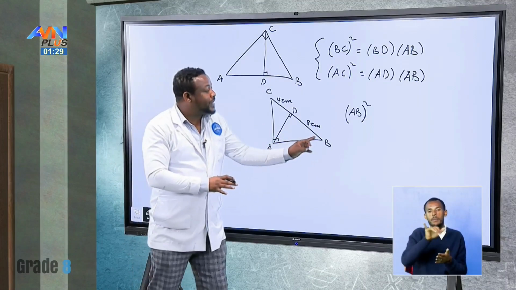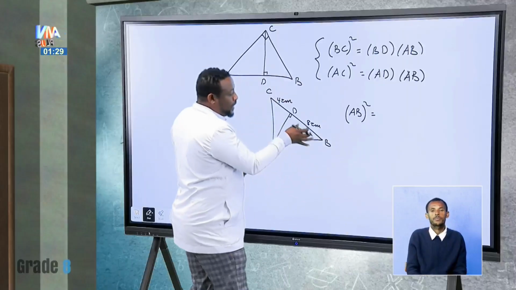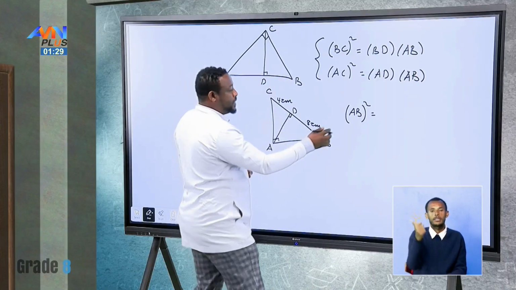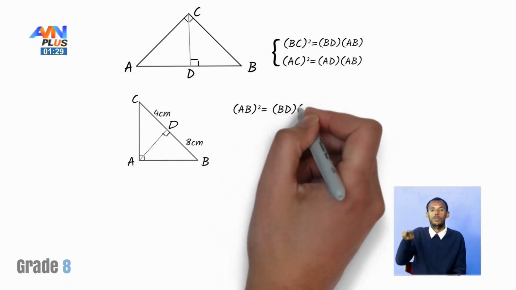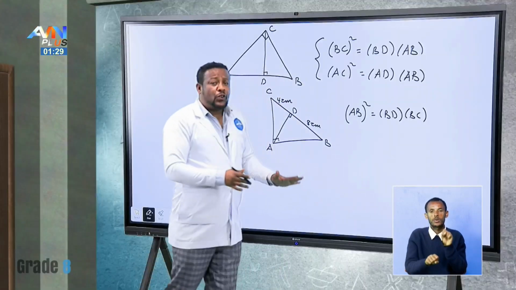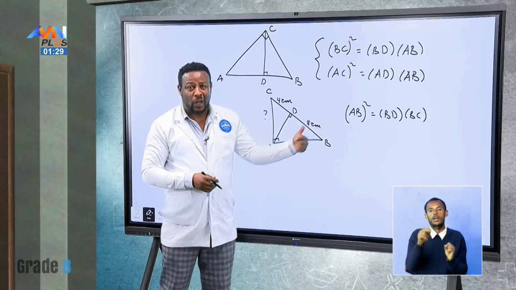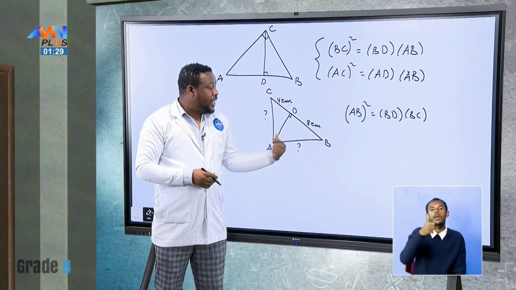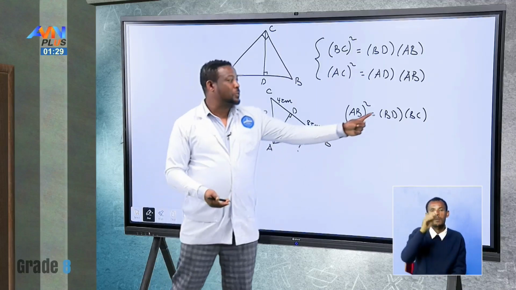The square of this leg is equal to one of the adjacent side, that means BD, times the hypotenuse, the longest side BC. Okay, so if you are asked to find this side and this side, you can use this formula to calculate AB. Okay, so in this case, if the question is to calculate AB, use this product.